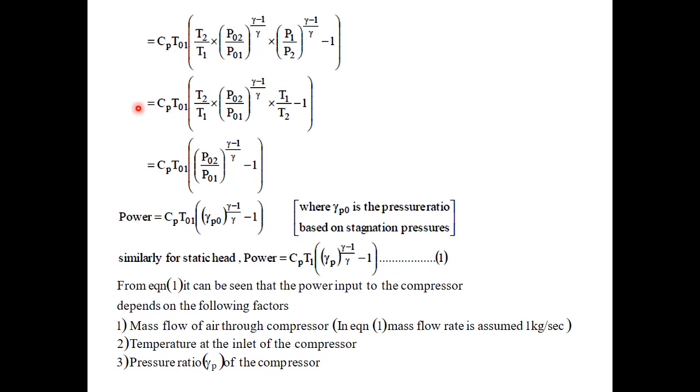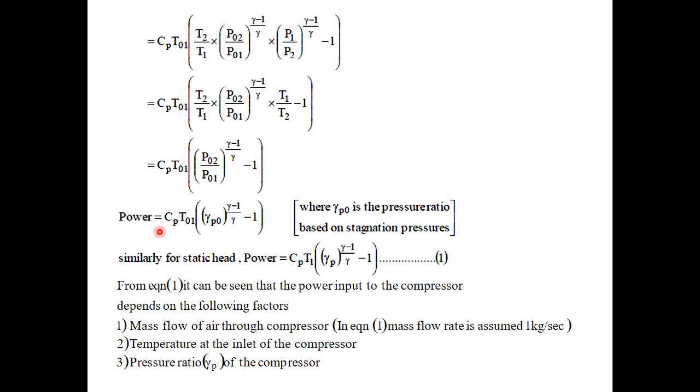So substituting that, power equals Cp into T01 into T2 by T1 into P02 by P01 whole raised to gamma minus 1 by gamma into T1 by T2, minus 1. So T2 by T1 into T1 by T2 gives 1, the temperature terms will vanish, and we get power equal to Cp into T01 into P02 by P01 raised to gamma minus 1 by gamma, minus 1.